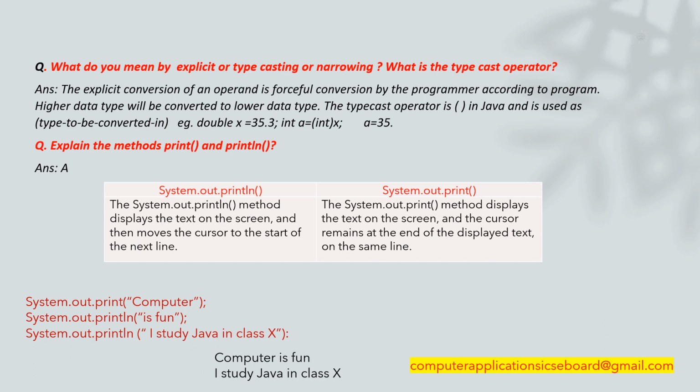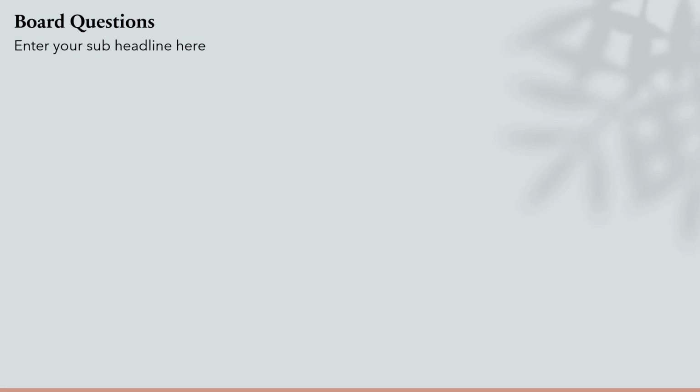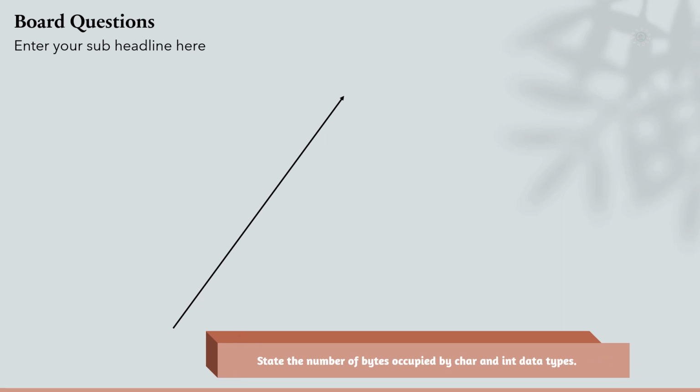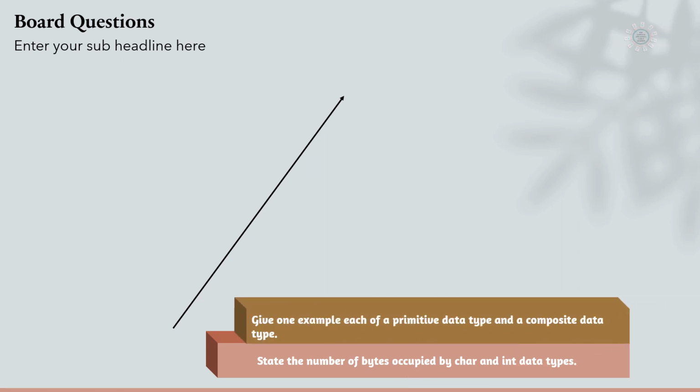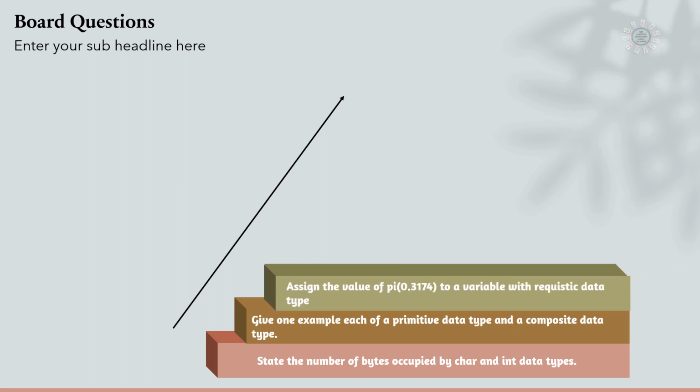You can download. Now we can see what questions from this topic were asked in the board exam. Here are the types of questions. State the number of bytes occupied by char and int data types. So memory size you have to study carefully. Give one example of primitive data type and composite data type. Assign the value pi into a variable with the required data type.